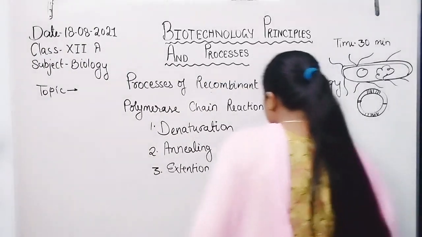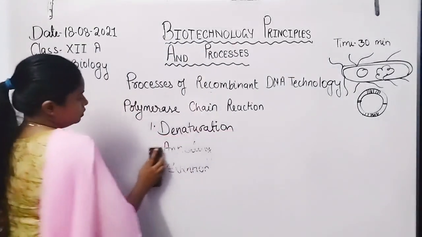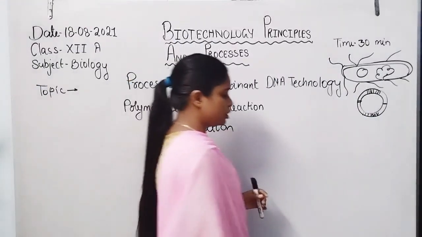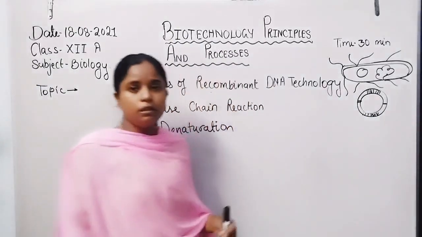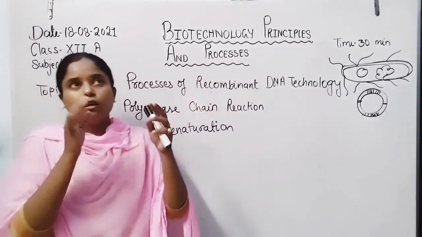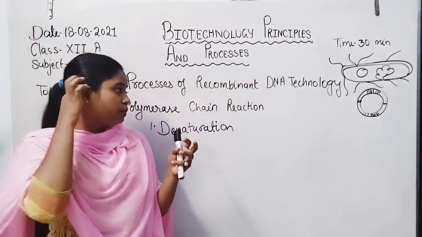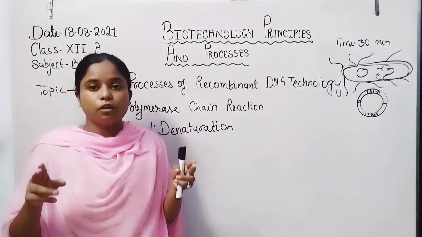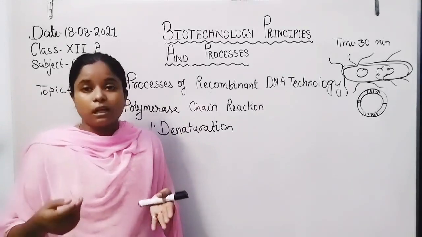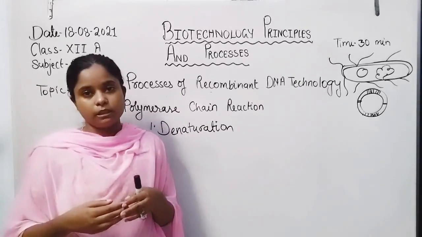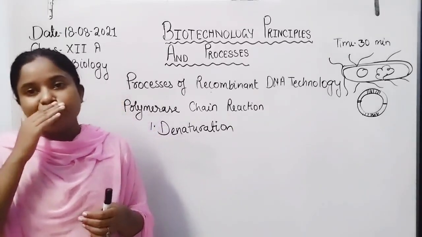Denaturation involves the breakdown of the double or triple hydrogen bonds present between the two strands, because in DNA replication we have already discussed the breaking down of the hydrogen bonds of the double helical structure of DNA, which involves the synthesis of both strands simultaneously.